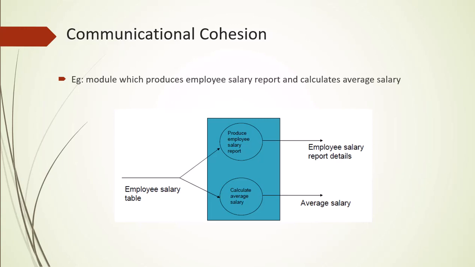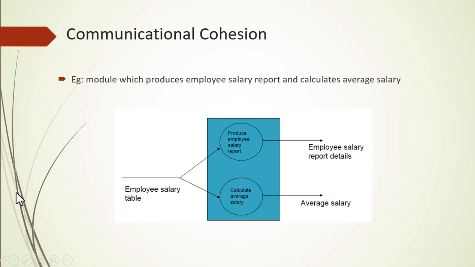Another example, let's see. A module which produces an employee salary report and calculates the average salary. This is report 1, the employee salary report, a detailed report, and the average salary. So these two functions are required for these two reports, and both of these use the same salary table.